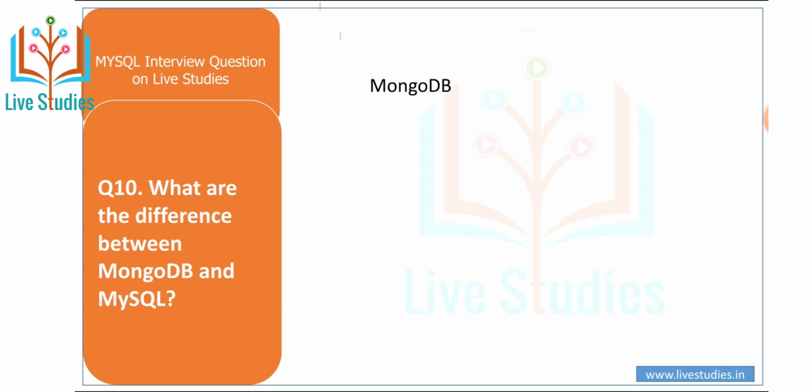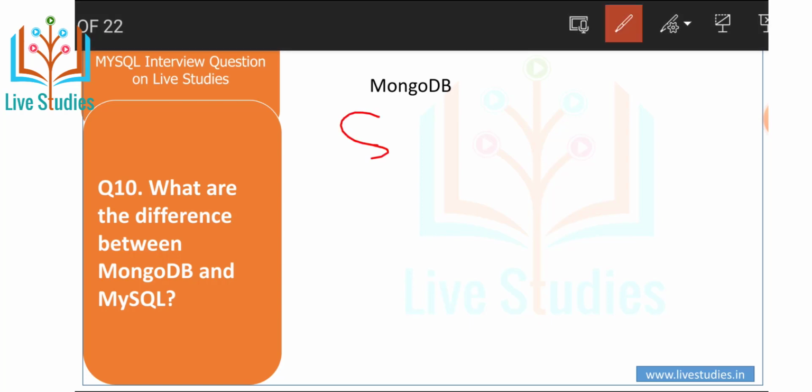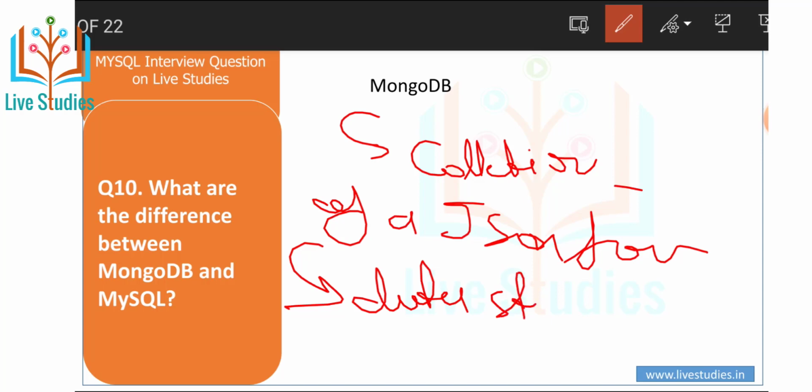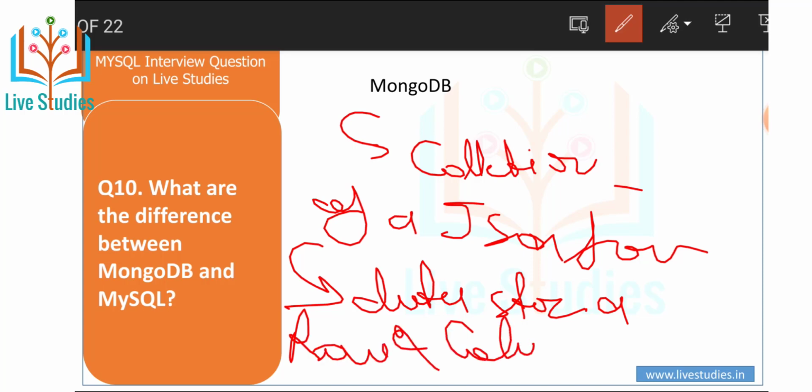In MongoDB, data is stored as a collection in JSON form, right? But in MySQL, data is stored in rows and columns. Row and column based. That's it.